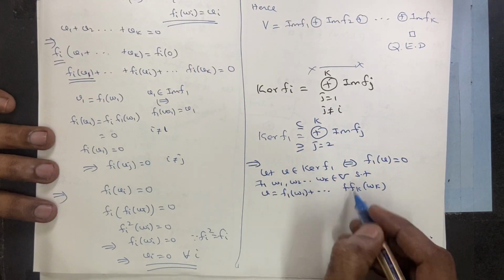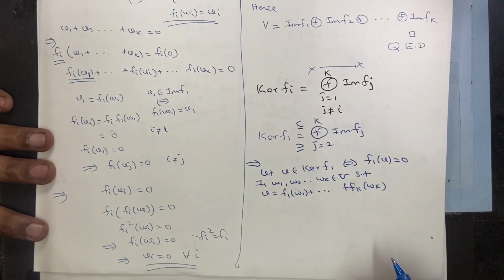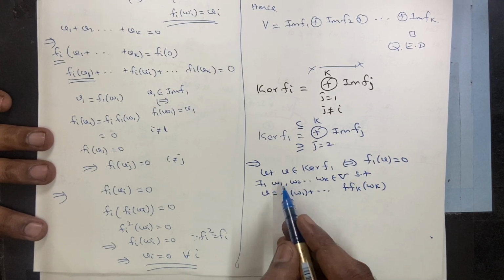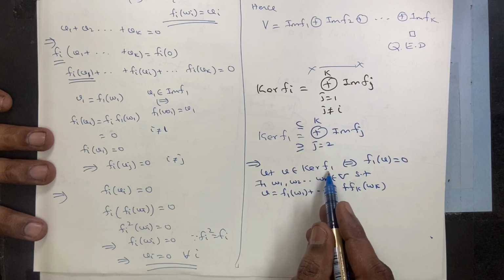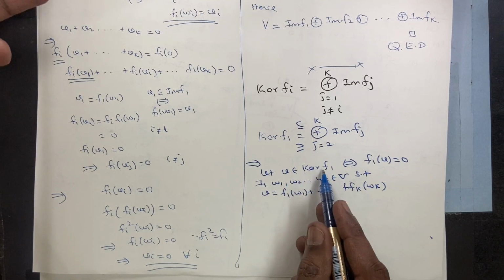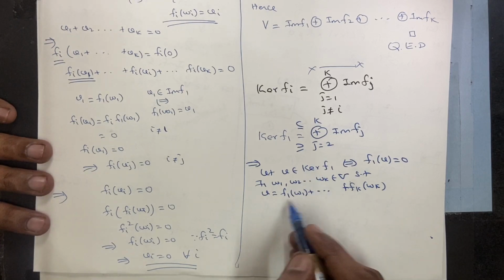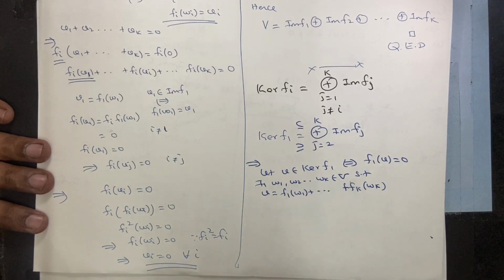That follows from the definition of the direct sum. Since v belongs to V, the whole domain, it can be written in this form.